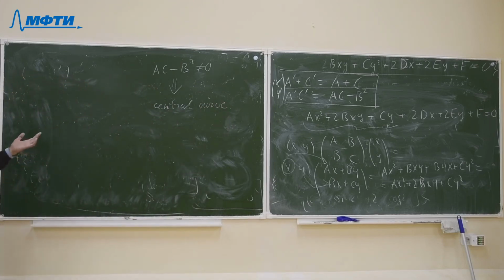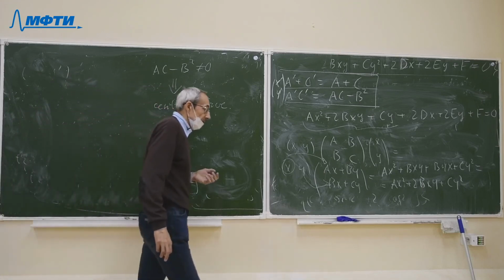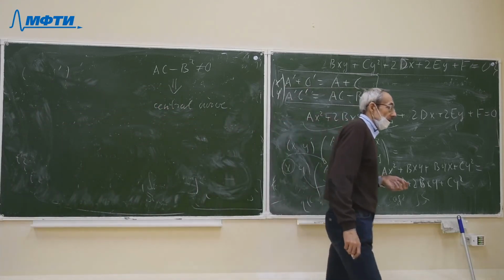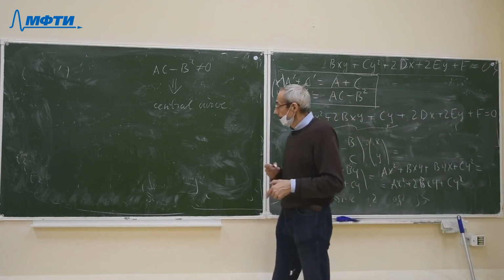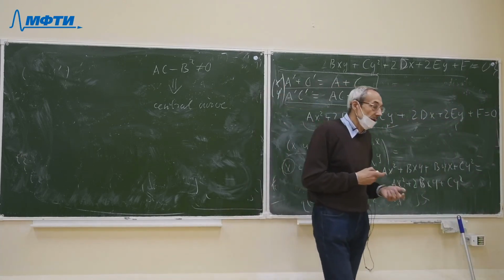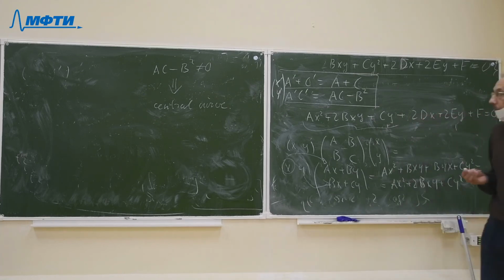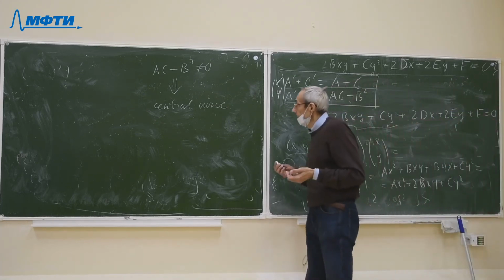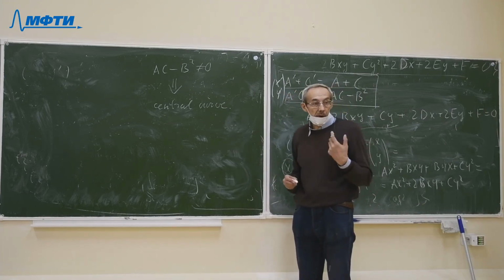In other words, this curve is of the type of ellipse or hyperbola. I mean that this curve is not exactly a hyperbola or ellipse. This curve can be an imaginary ellipse, maybe a pair of parallel lines, and so on. But the type is the type of a central curve in this case.